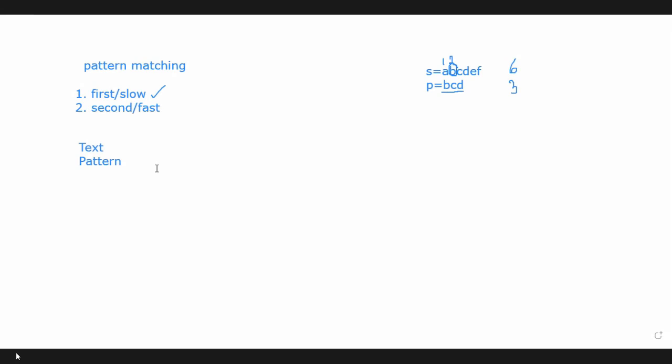Here T, that is the text, equals A, B, A, B, A, B, A, and the pattern is given, P equals A, B, A. Now this first pattern matching algorithm will check whether the given pattern ABA appears in the text or not.